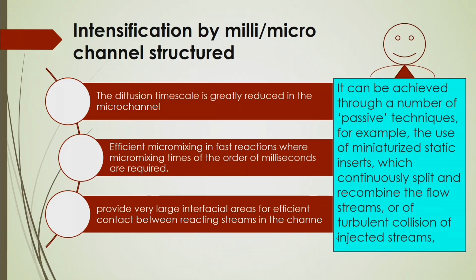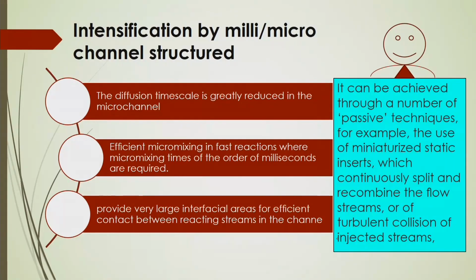It also provides very large interfacial areas for efficient contact between reactive streams in the channel, and this can be achieved through a number of passive techniques. For example, the use of miniaturized static inserts which continuously split and recombine the flow streams, or turbulent collision of the injected streams used for that reaction.